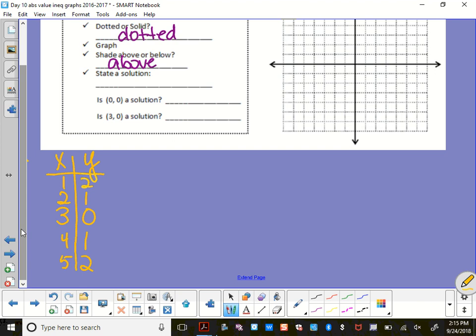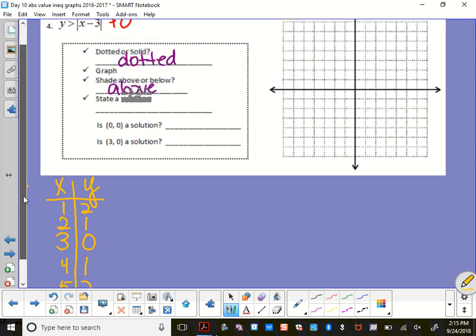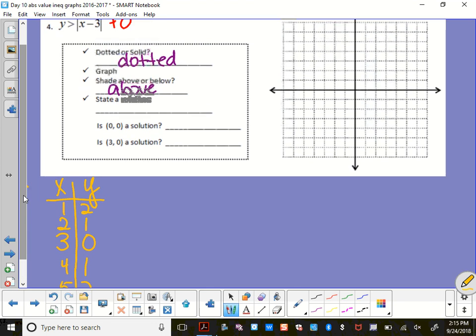Are we good on our points? Okay. So I'm going to go ahead and plot these points. (1, 2), (2, 1), (3, 0), (4, 1), (5, 2). And I have a dotted line.